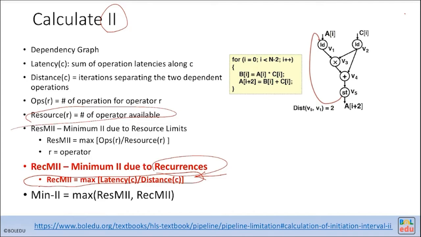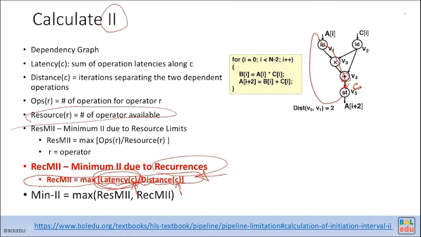What it says here is, if an operator, this is the operator C, will be used in a future iteration, then what matters is the latency to generate C and the distance, meaning in which iteration the C variable will be used.